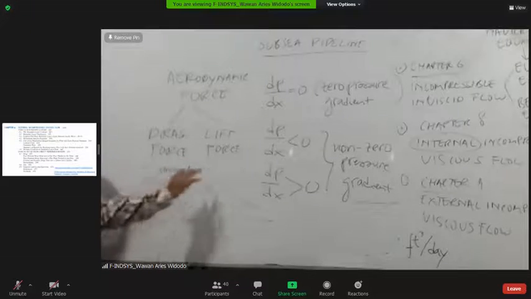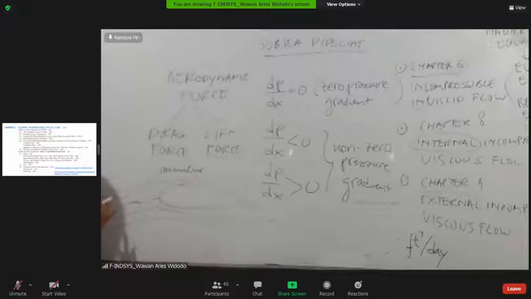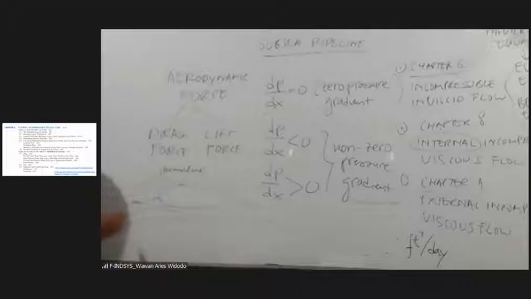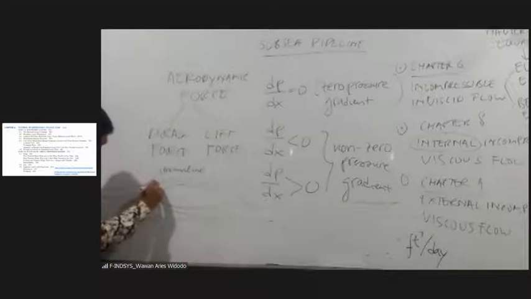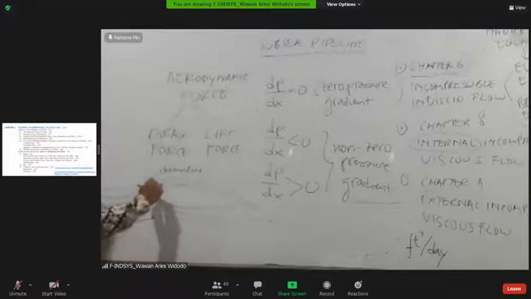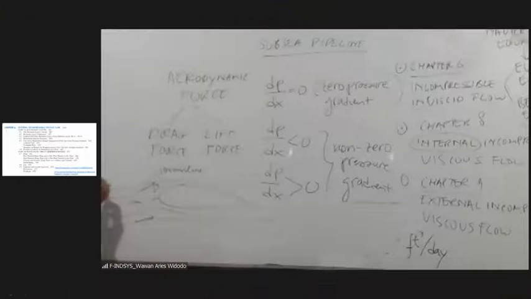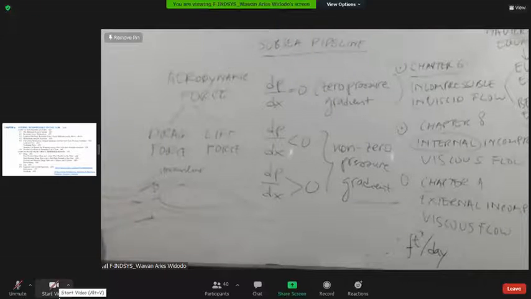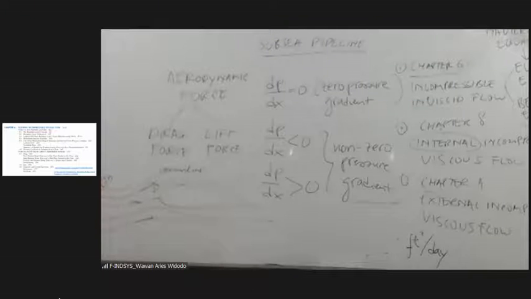Okay, this is the streamline. The streamline is an imaginary line to indicate the velocity of the fluid. Fluid flow.